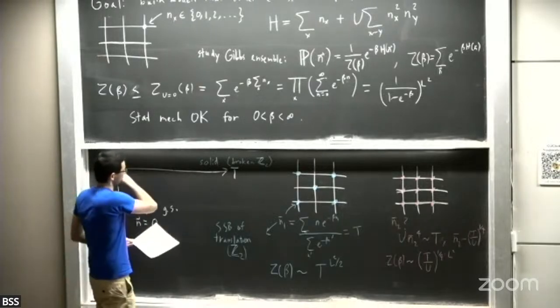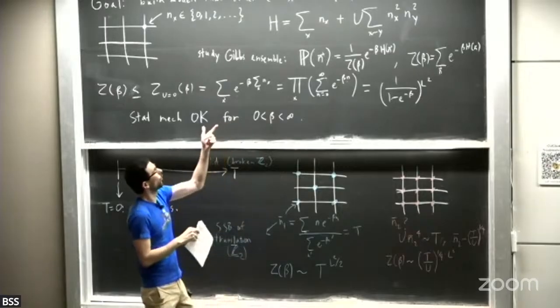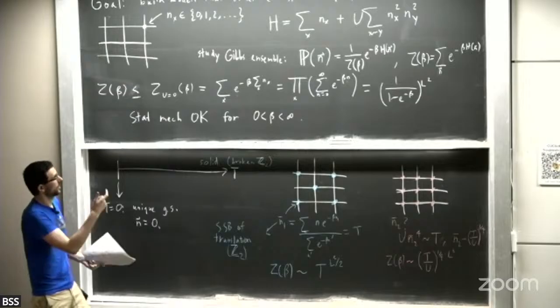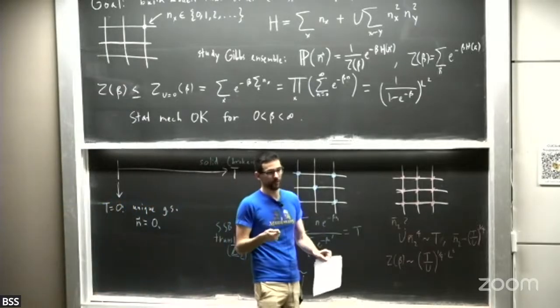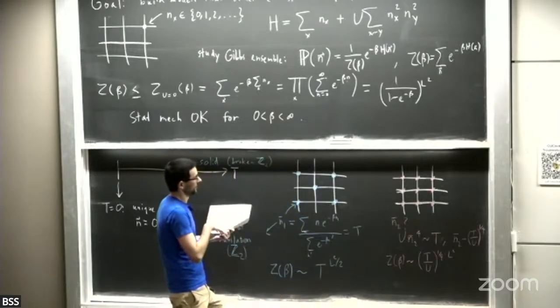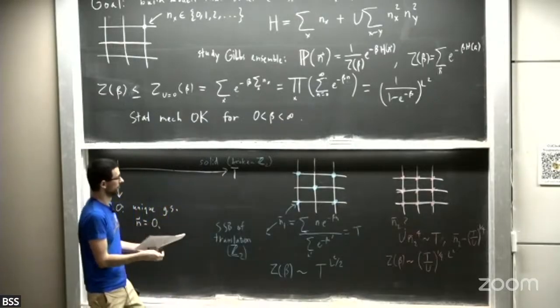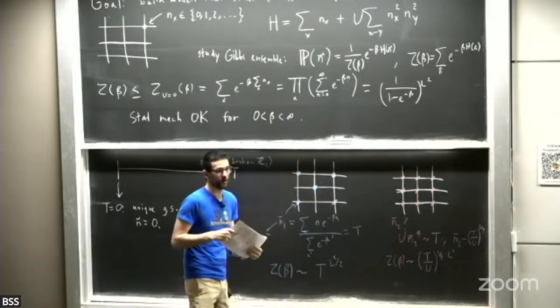At low temperatures, putting in 1 particle is energetically costly, right? We pick up a penalty factor of e to the minus beta, which is very big when beta is large. So at low temperature, we should expect to see that the lattice is mostly empty, but there's a very low density of excitations, of single particles on the lattice.